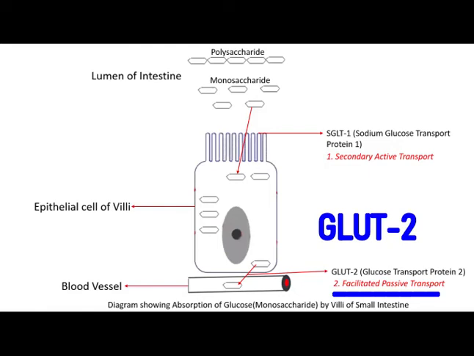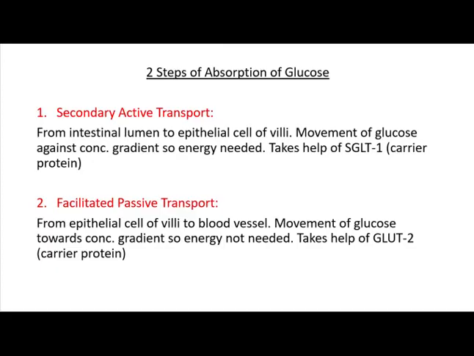So here we see two transport proteins which are used in the passage of monosaccharides. First is SGLT1 and the second is GLUT2. So this happens by facilitated passive diffusion. As you can see in the chart now, here you can see how the movement is taking place. Number one is secondary active transport from lumen to epithelial cell.